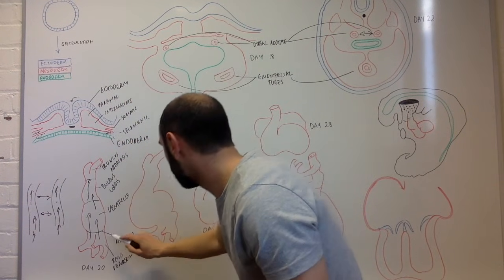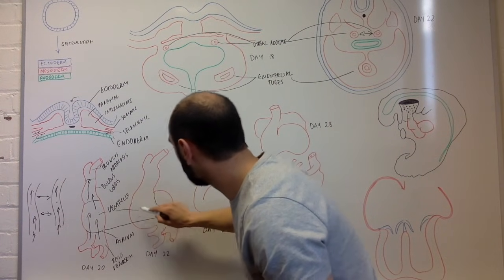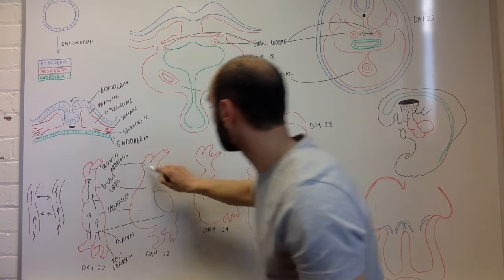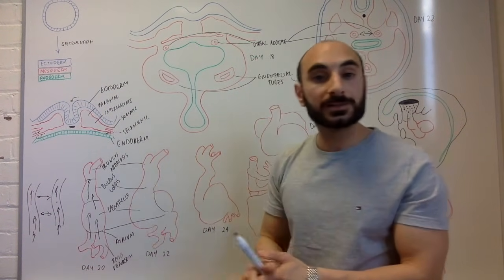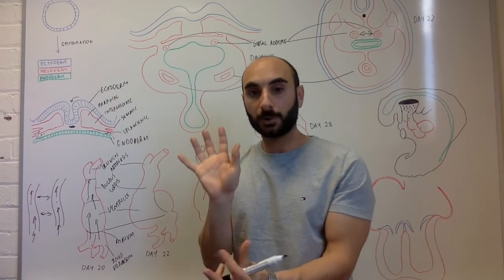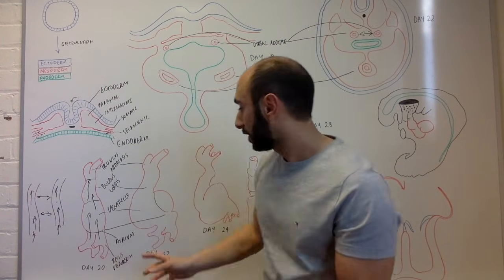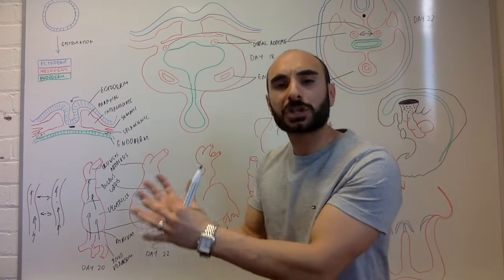So we still have the atrium here, maybe in this section, the ventricle here, the bulbus cordis, and the truncus arteriosus. And essentially, how the heart folds is that the bulbus cordis and the truncus arteriosus fold ventrally and dorsally, and the ventricle, atrium, and the sinus venosum are squished up behind it.